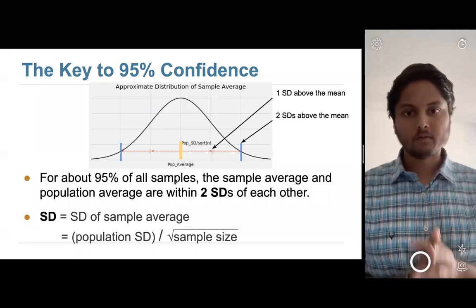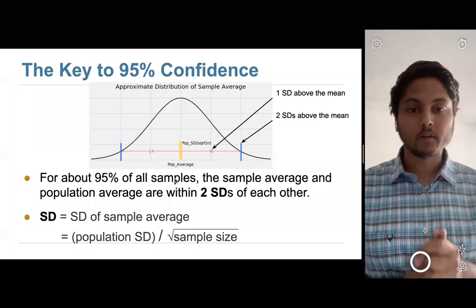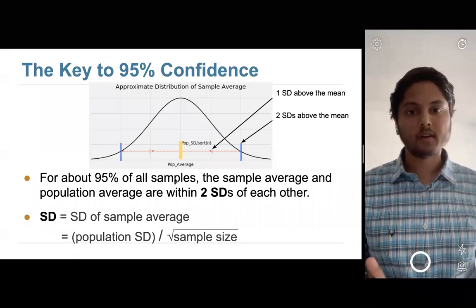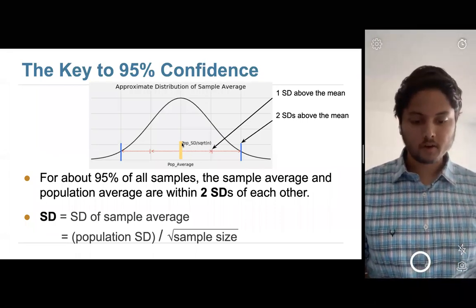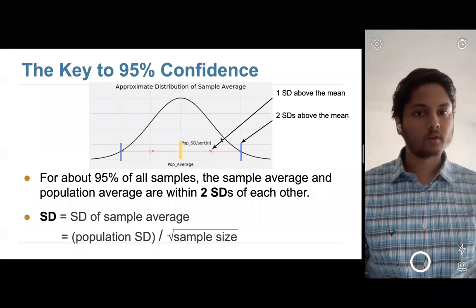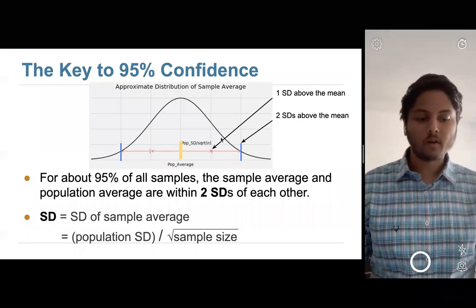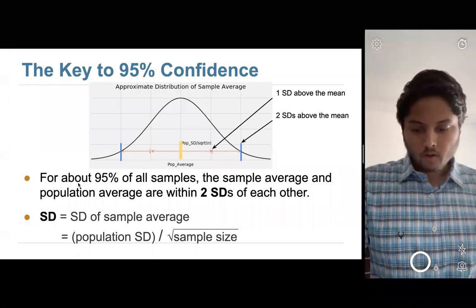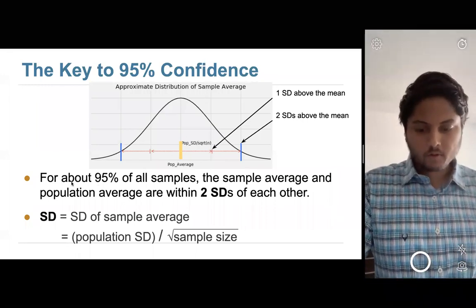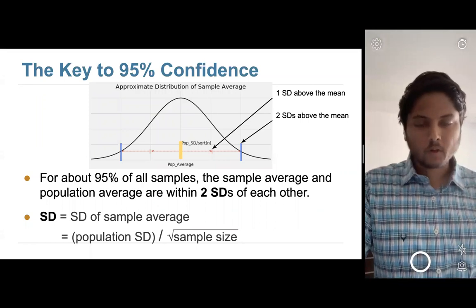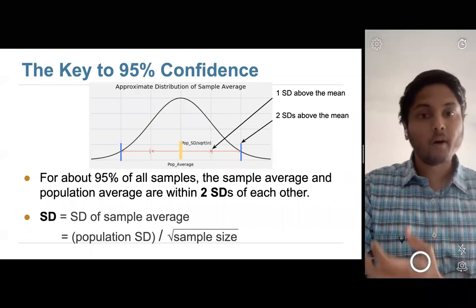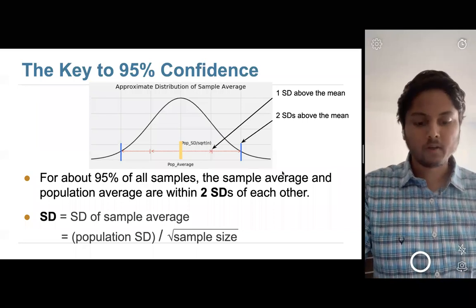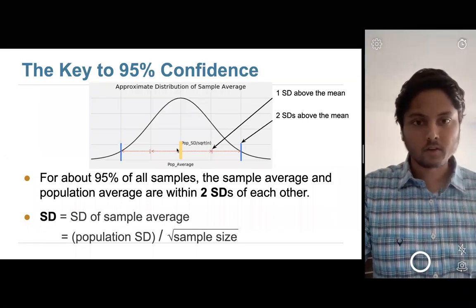Its center is typically around the population average, and it has a standard deviation of this guy right here, the population SD divided by the square root of your sample size. So essentially, if we want to know roughly where 95% of our sample averages are going to lie, it's going to be the population average plus or minus our deviations.